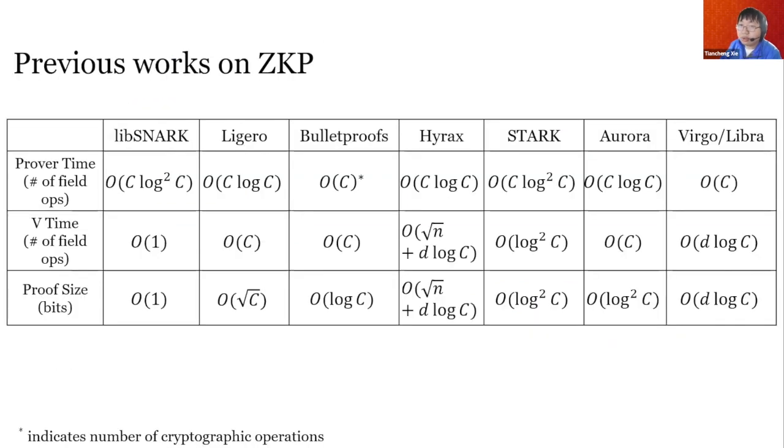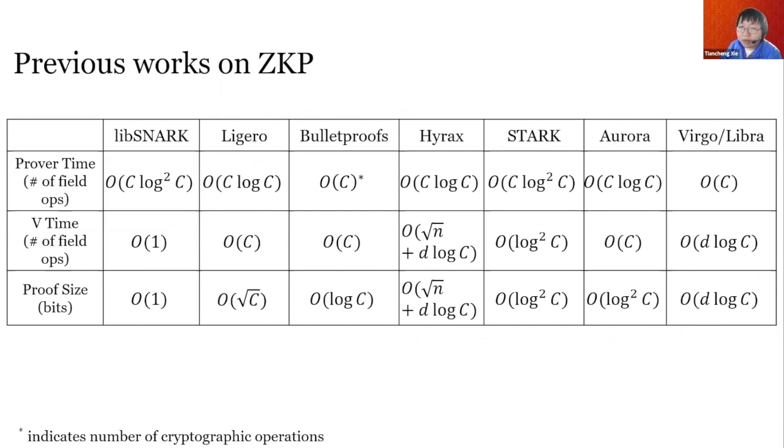In order to solve these issues, we proposed Virgo and Libra before, and some other teams proposed other protocols. However, Virgo and Libra only work for a restricted type of circuit called layered circuits, and they need other protocols as a building block to help finish the proof.